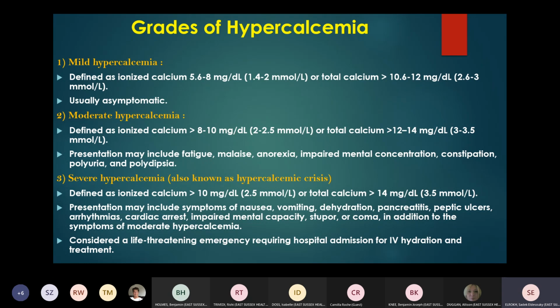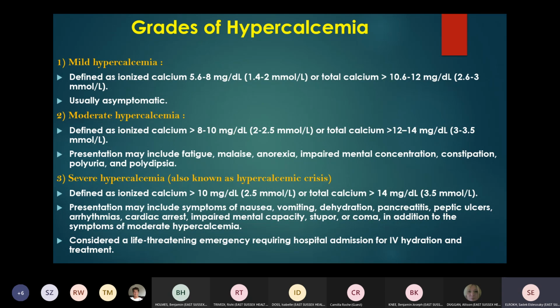Severe hypercalcemia, also known as hypercalcemic crisis, is defined as ionized calcium more than 10 milligram per deciliter, or total calcium more than 14 milligram per deciliter after correction of the calcium. Of course, we have to do corrected calcium after evaluation of the serum albumin.